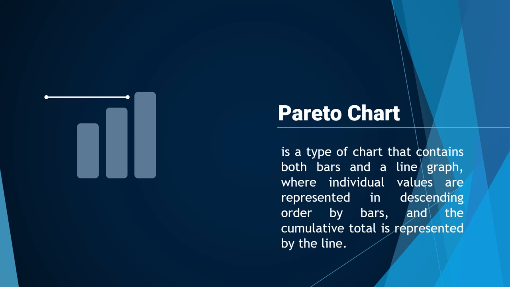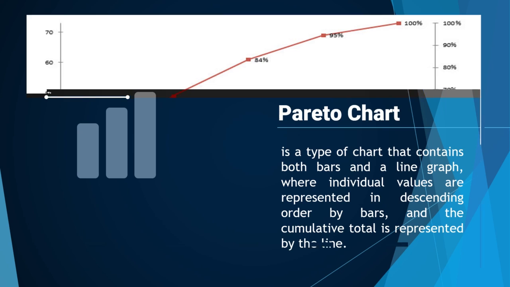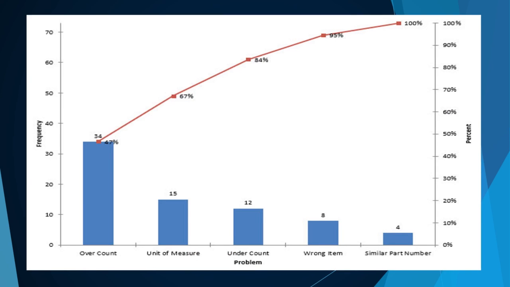The data may sometimes be grouped by cost, time, errors, etc. Bars in the chart describe the values in declining order. There is the highest bar on the left hand side and the lowest bar on the right hand side, and the line represents the aggregate total. This is the example of the Pareto chart.